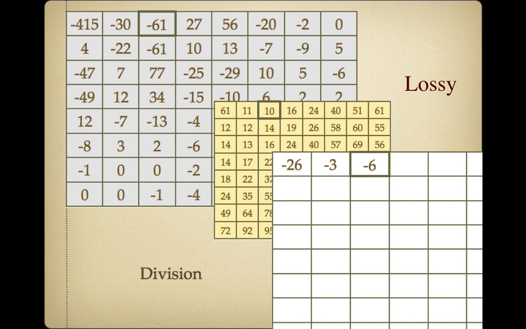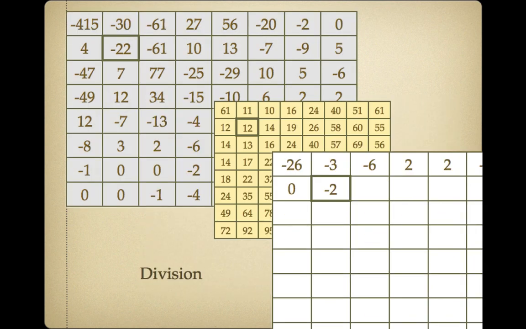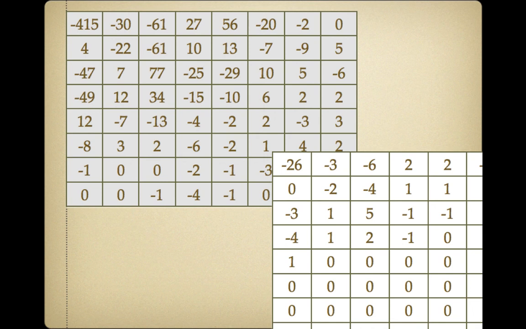If I take minus 6 there and multiply it by 10, I'll end up with minus 60, not minus 61. So here we are doing what's called some coarse quantization. All these things get divided, and that's the lossy part, and that goes on. Okay, so we've done all that now, and we've got these values here.